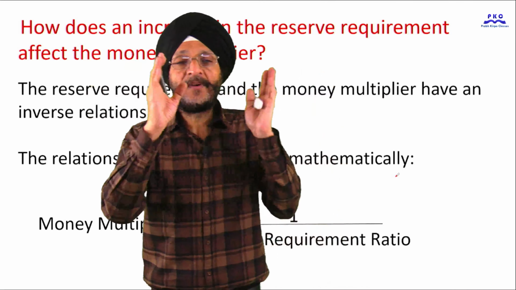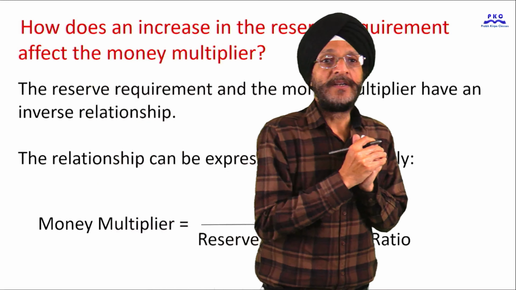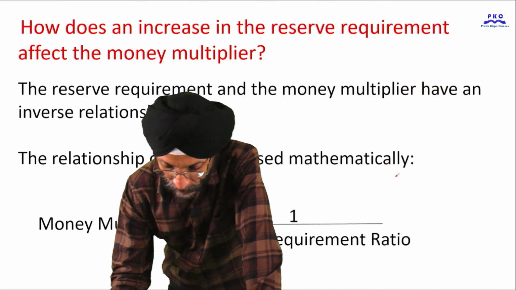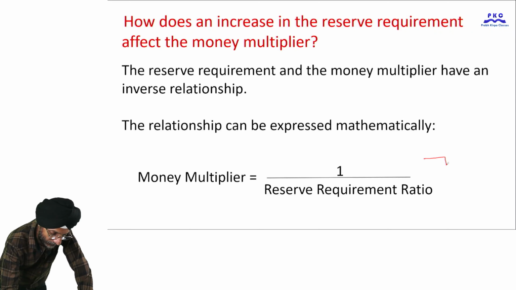The relationship between the reserve ratio and the money multiplier is shown mathematically here. Money multiplier is equal to 1 over reserve requirement ratio.